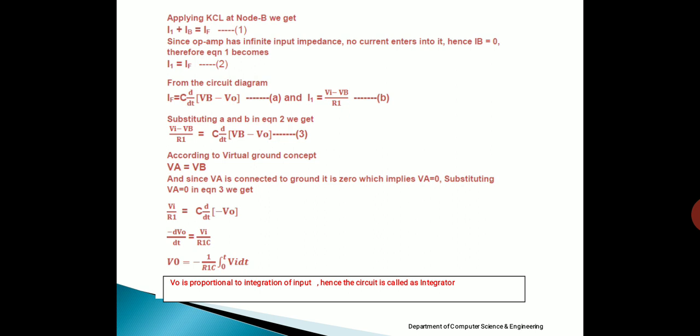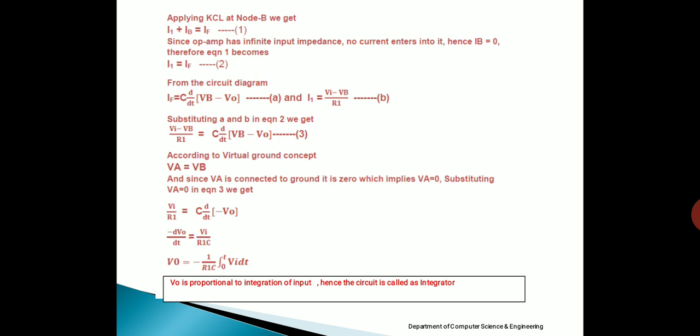Again here, the negative sign indicates it is the case of the inverting op amp configuration because we have applied input Vi to the inverting input terminal of the op amp. So the output is directly proportional to the integration of the input. Hence this circuit is called an integrator.